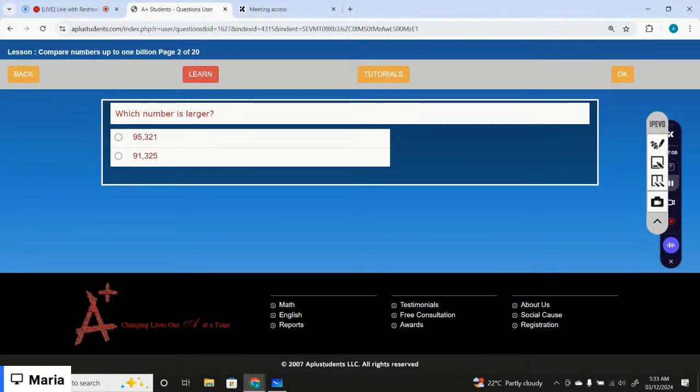Which is the correct option? Option number 1 is the correct option. That is the larger one.